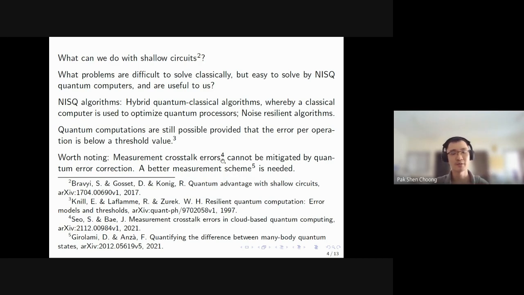But there are some local errors called measurement crosstalk errors that basically make your measurement not equal to the tensor product of the individual measurements. So this is what is called the measurement crosstalk errors, and it is discussed quite recently. And this kind of error you cannot correct by quantum error correction. So what you can do instead is try to provide better measurement schemes.